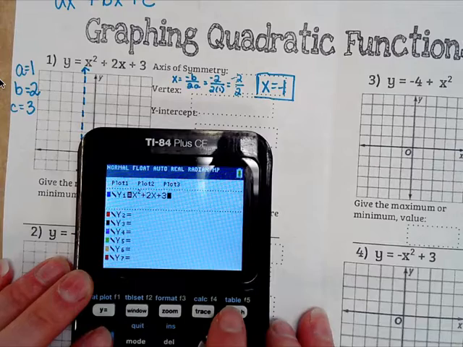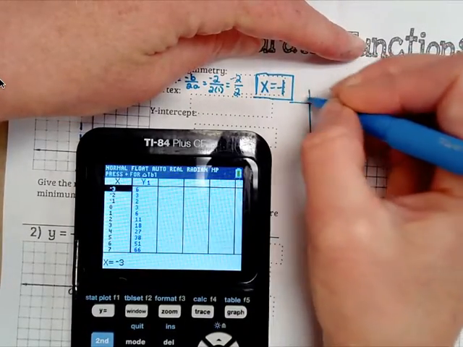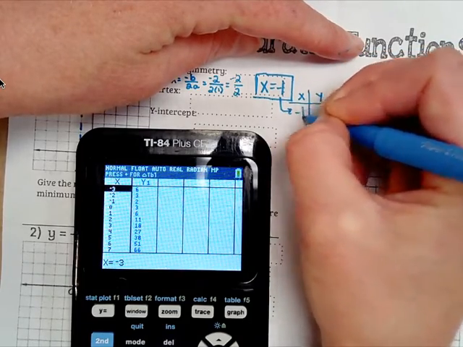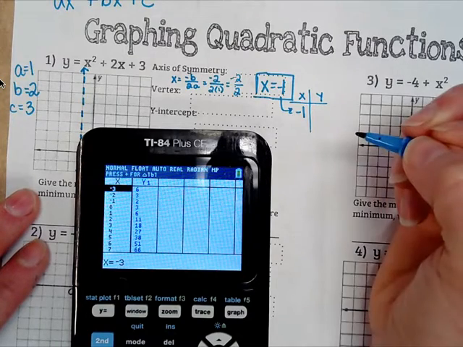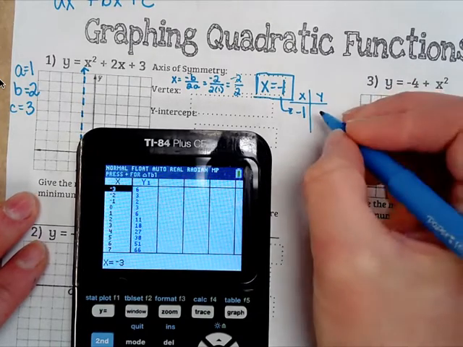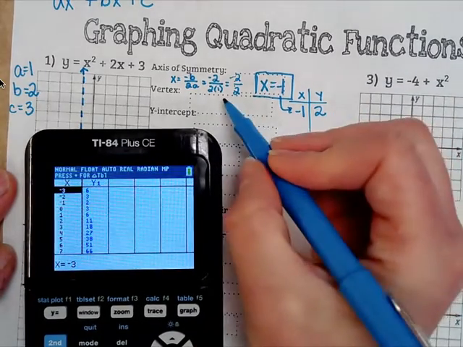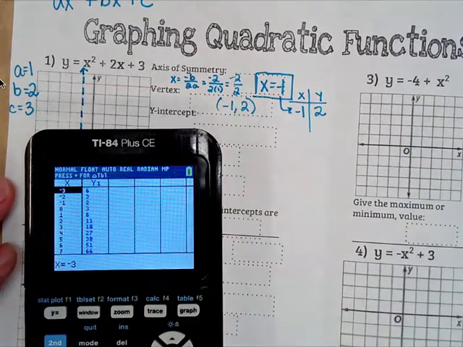Go to the table. And what we're going to look at is we want to put in this, see where it's negative 1. What's the y value that matches? 2. Yep. So that is our point, our vertex.